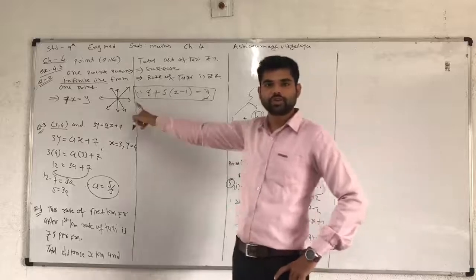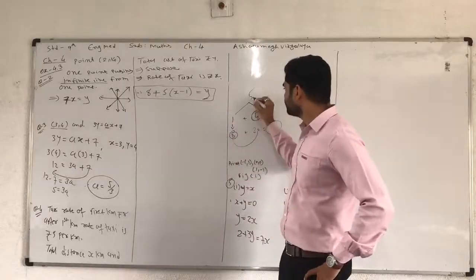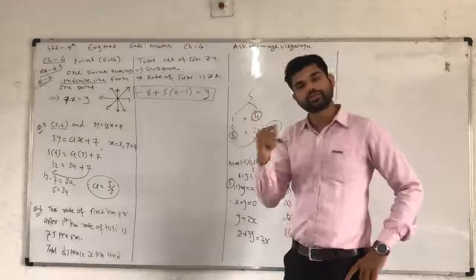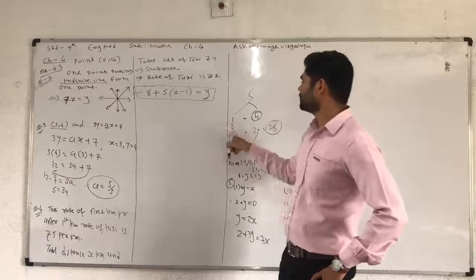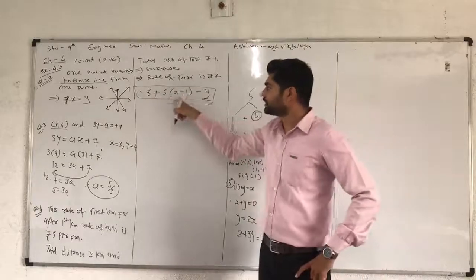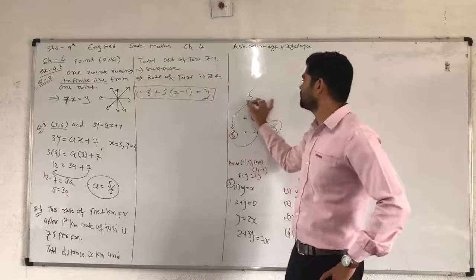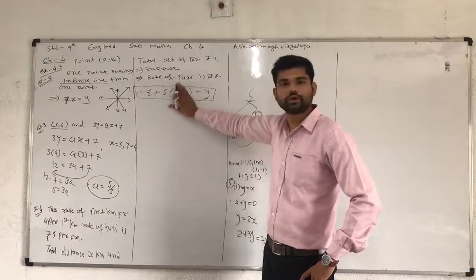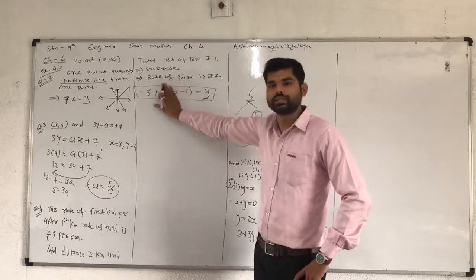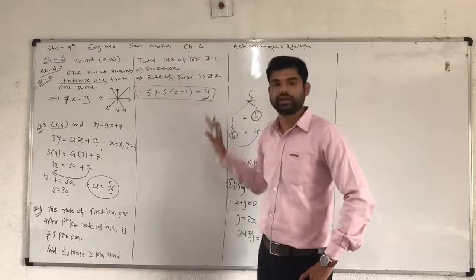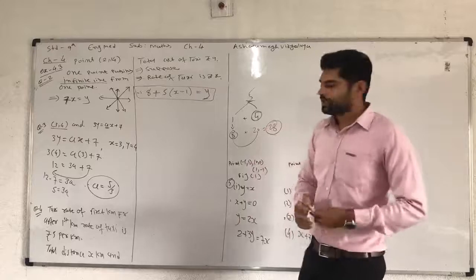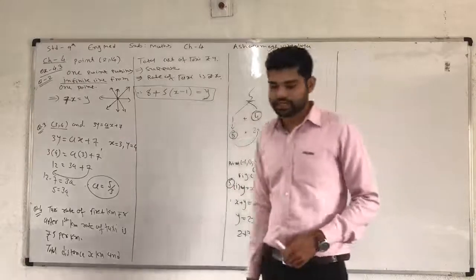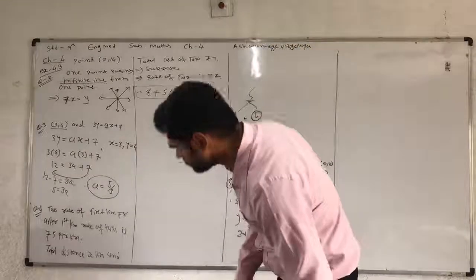8 rupees for the first kilometer. Here 4 means 5 minus 1, because 1 kilometer is counted already. So the total distance is x, in place of 5. So 5 minus 1 is equal to 4. 4 multiplied by 5 is 20, plus 8 is equal to 28. So in this sense you have to write down the relation between these terms.